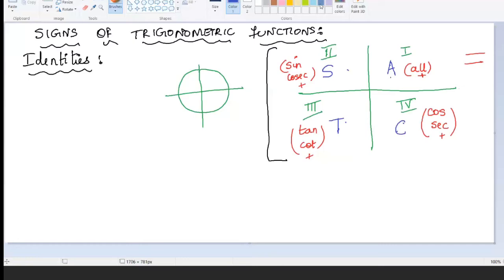Now, how do we write a point? Any point, how do we represent? So here consider a unit circle and one point. Let us give the point a name: P of x comma y.